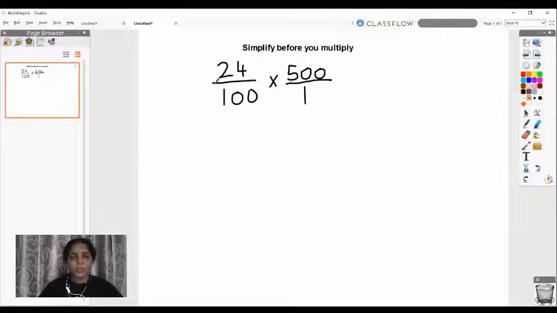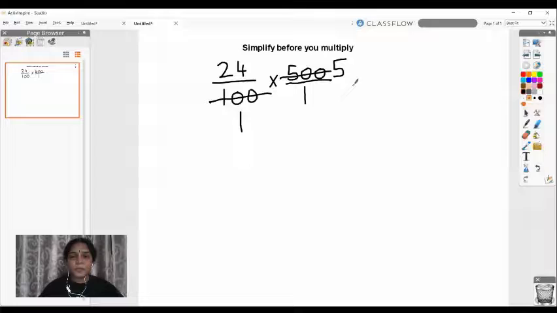Understand, you have to choose in a way that will make your life easy. So instead of choosing the 24 and 100, if I choose the pair of 500 and 100, remember, as I told you, one number has to be a numerator, one number has to be a denominator. We have chosen the 500 and 100. What happens? It becomes easy for us. We know that in the 100 table, 100 times 1, 100 times 5.